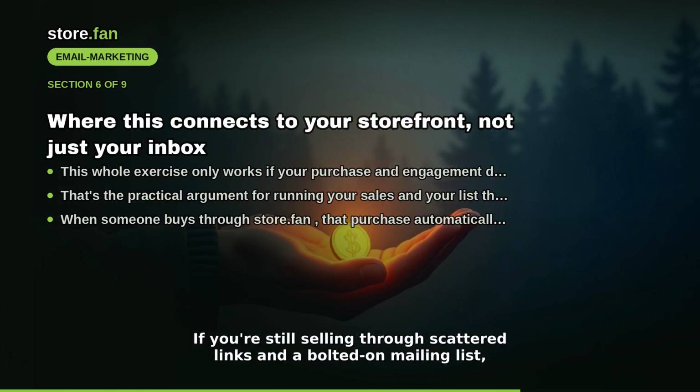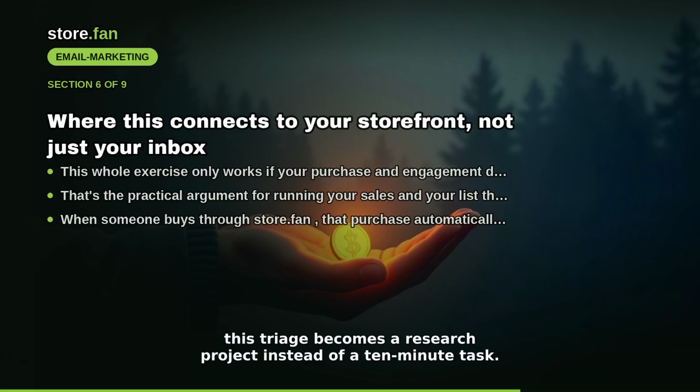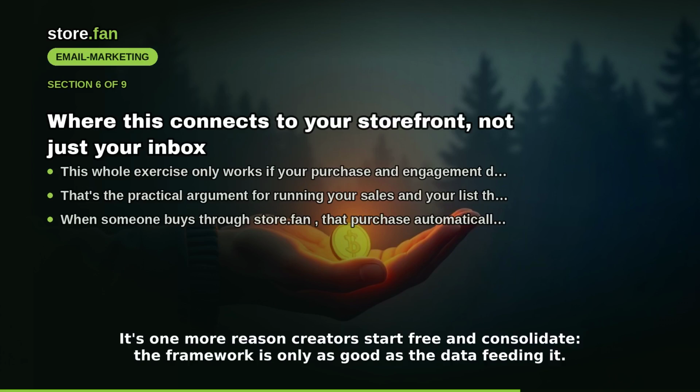If you're still selling through scattered links and a bolted-on mailing list, this triage becomes a research project instead of a 10-minute task. It's one more reason creators start free and consolidate. The framework is only as good as the data feeding it.